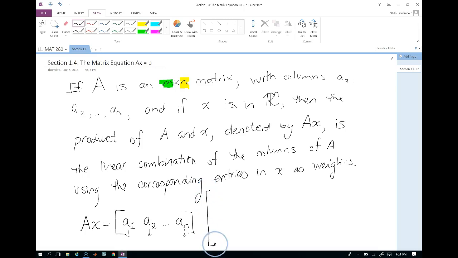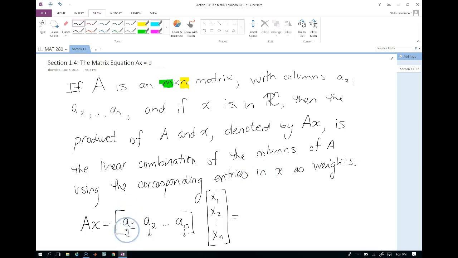Now, when I multiply this by vector x, and x is a variable in Rn, that means there are n entries, x1, x2, all the way down to xn. This is just another way to write the linear combination of the columns of A using the corresponding entries in x.